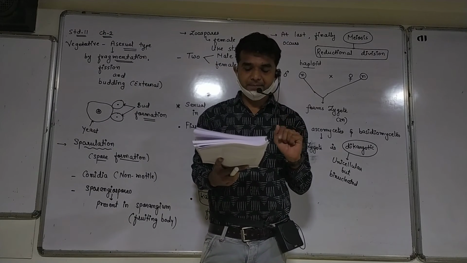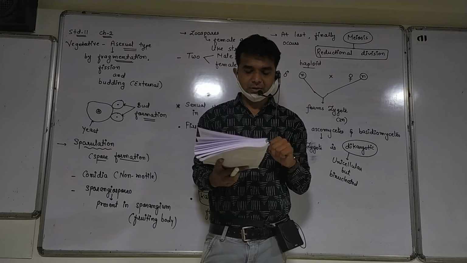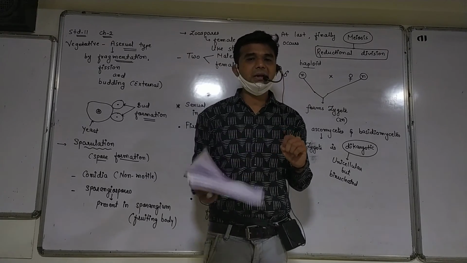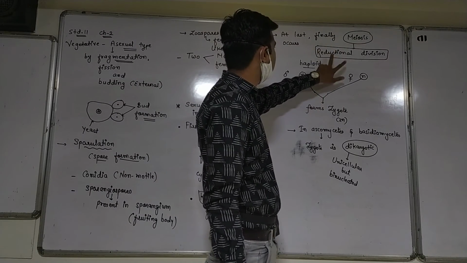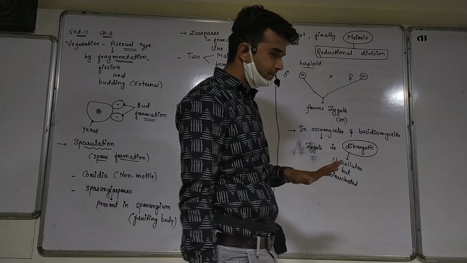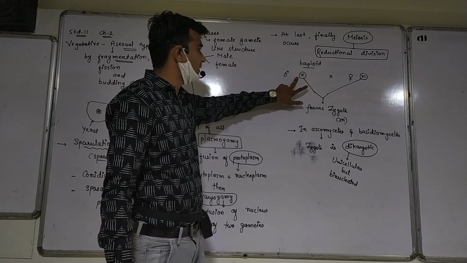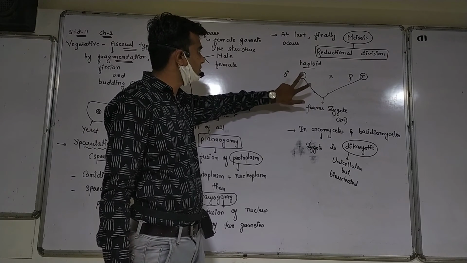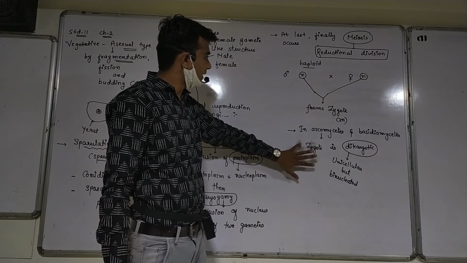Then they become diploid. The fungi form fruiting bodies in which reductional division occurs. That's why I have written here that meiosis is also known as reductional division. Generally in fungi the haploid body is there. The haploid body produces haploid gametes by mitotic division. But the zygote is different.